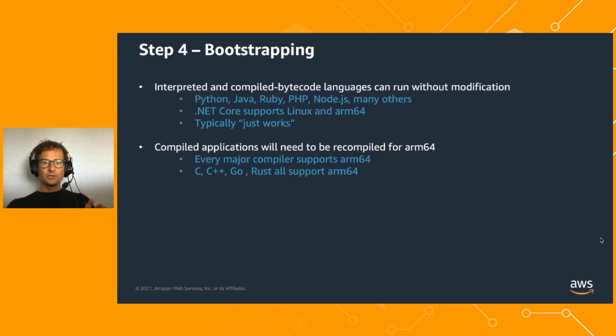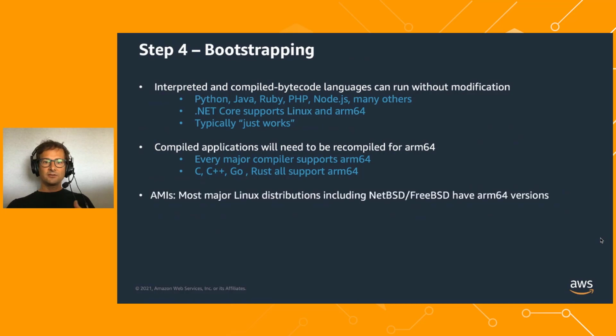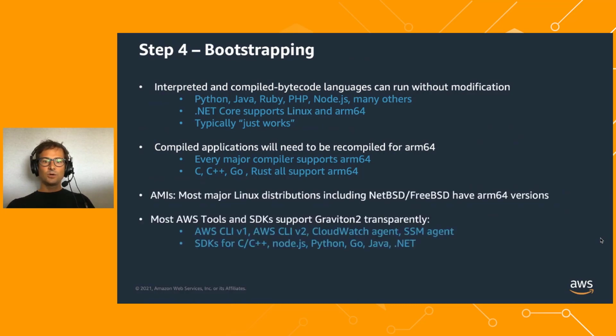Okay, so now you're done with building an environment in which you can build stuff and install your application. Again, I mentioned that previously, but everything that is using interpreted languages or byte-compiled languages like Java should run mostly without modification.